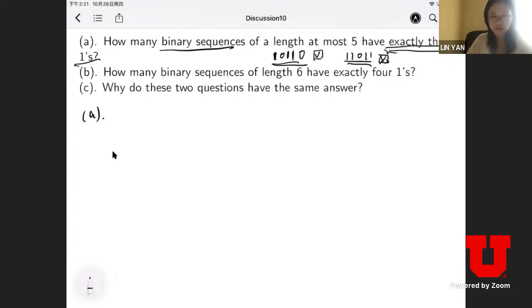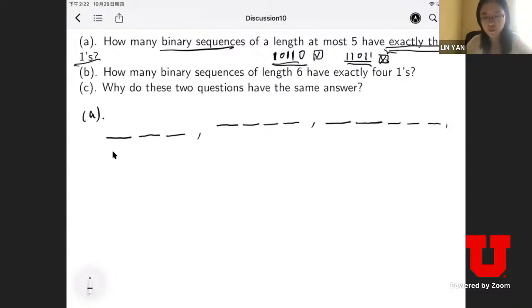So let's get started. Firstly, we need to decide the possible lengths which satisfy this requirement. Since we need the sequences which have exactly 3 ones, the shortest list should have 3 digits. And 4 digits and 5 digits should also be taken into consideration.